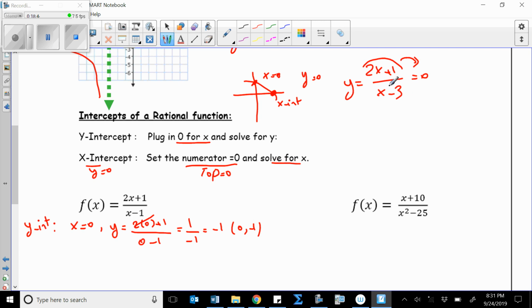The bottom, you don't even need to touch. Just set the top equal to 0, because when the rational expression is equal to 0, only the top is equal to 0. We cannot set the bottom equal to 0 because anything divided by 0 is undefined. So that's why we don't have to set the bottom equal to 0.